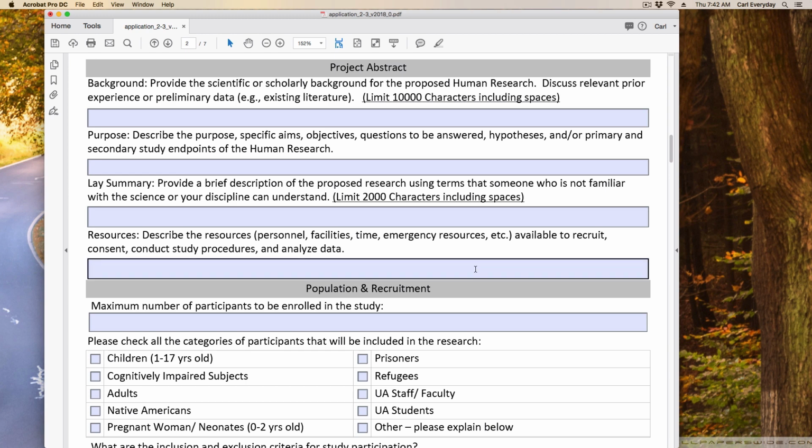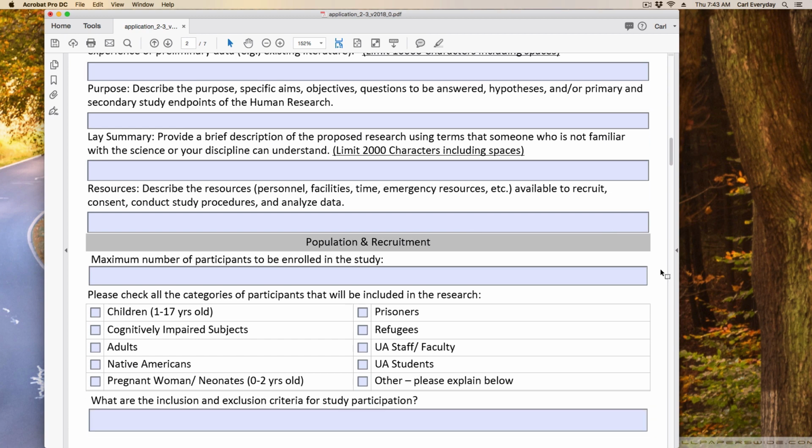And then under resources, they want to be sure that you have some resources to actually conduct this study, or why should you even start it. You can be really brief there. Just, yes, we have personnel, we have facilities, and we have folks who know how to collect and analyze the data. It's pretty much all you need to let them know.